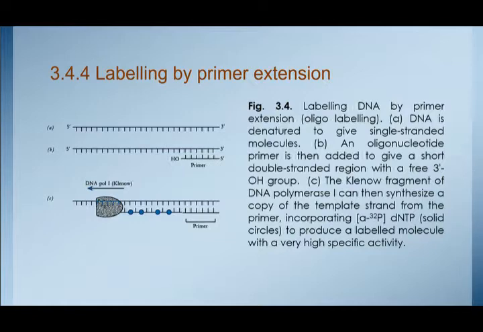In a radiolabeling reaction, it is often desirable to separate the labeled DNA from the unincorporated nucleotides present in the reaction mixture. A simple way of doing this is to carry out a small-scale gel filtration step using a suitable medium.